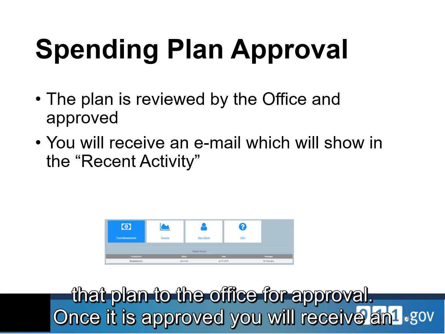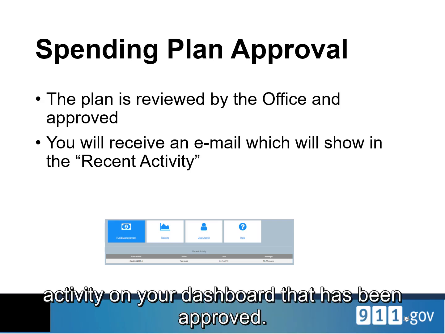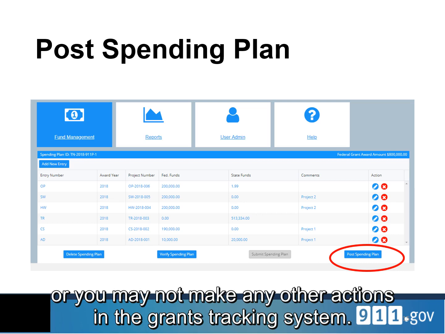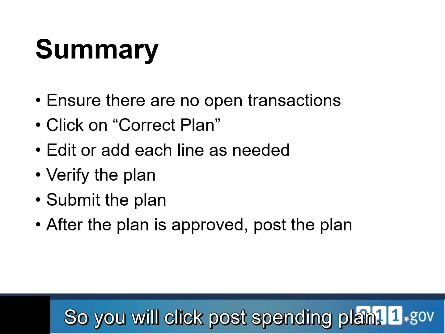Once it is approved, you will receive an email, and it will also show in your recent activity on your dashboard that it has been approved. You still must post that spending plan after it's approved, or you may not make any other actions in the grants tracking system. So you will click Post Spending Plan.